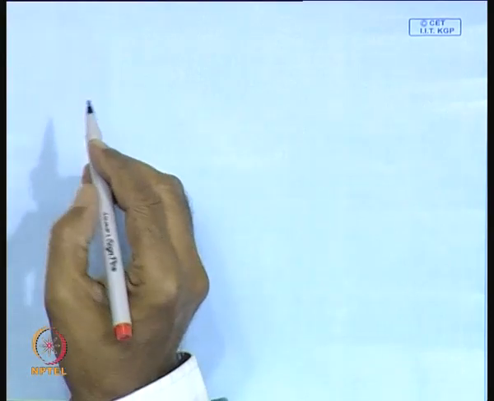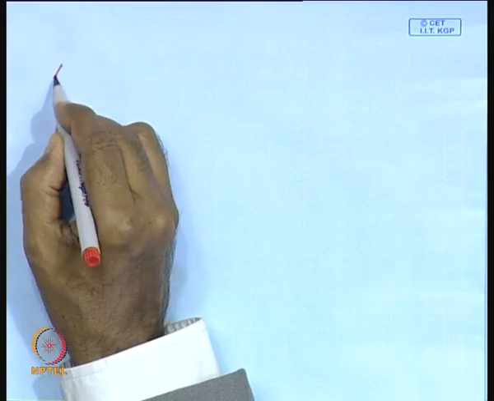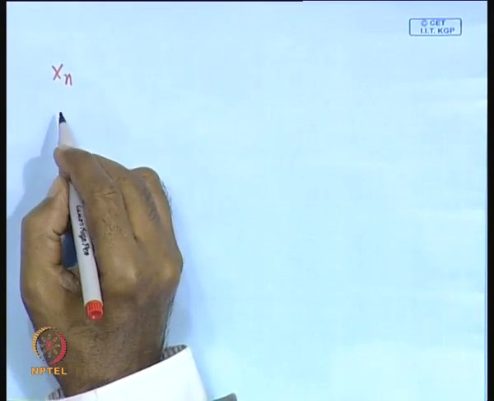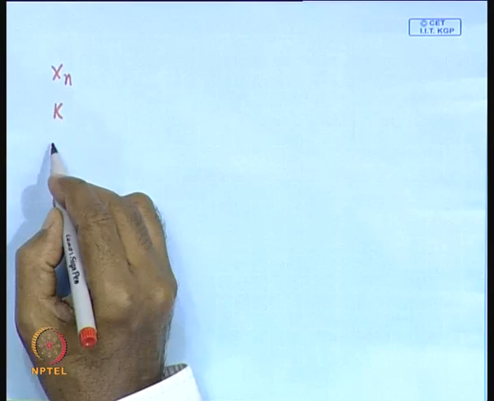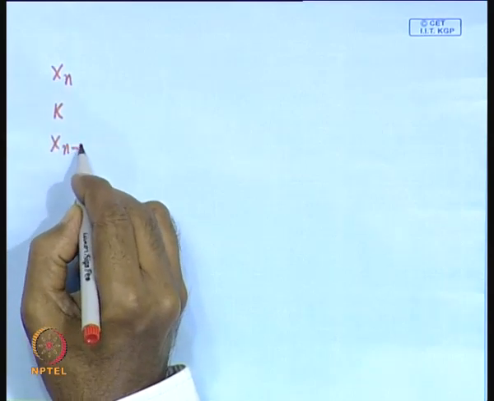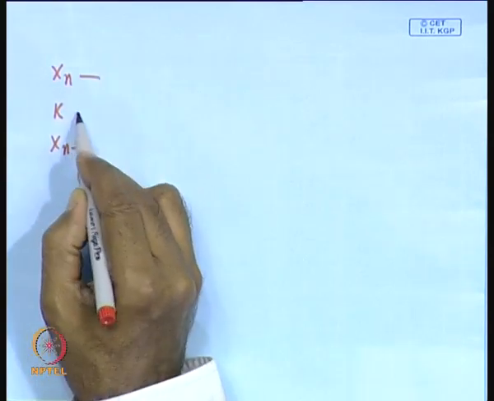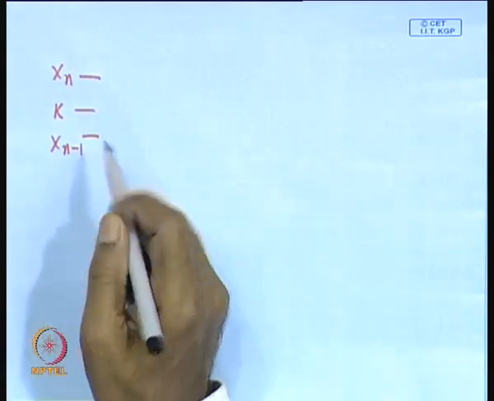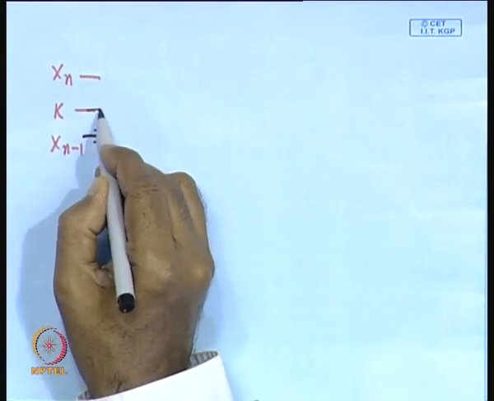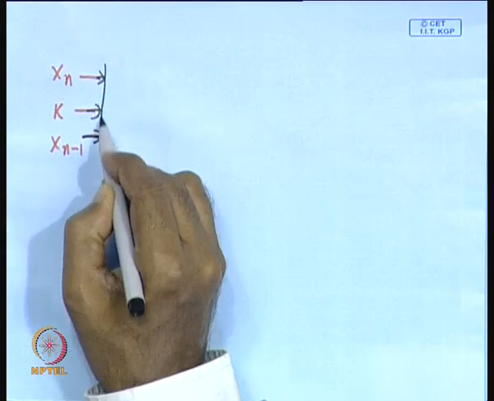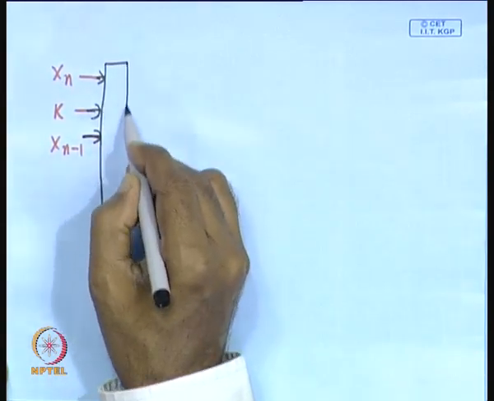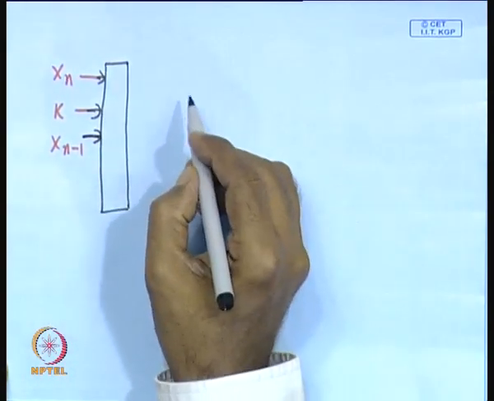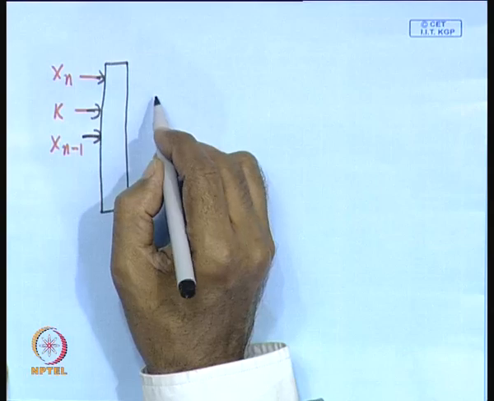Say you will be applying x n, k, x n minus 1, these 3 will go to a latch, this is the first stage latch, and then you will be requiring a multiplier.